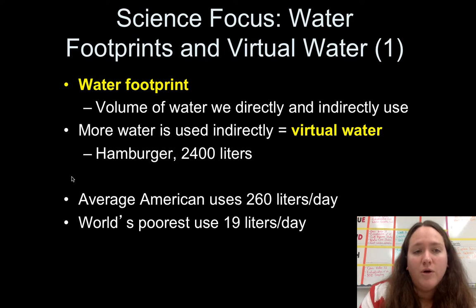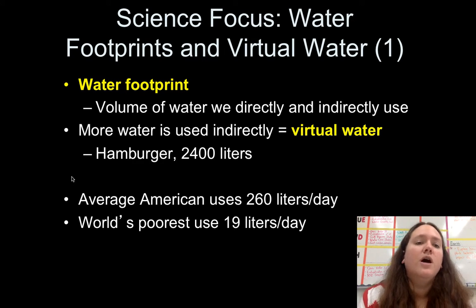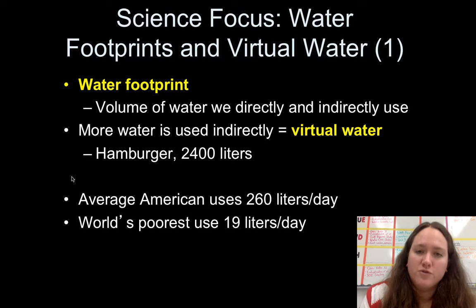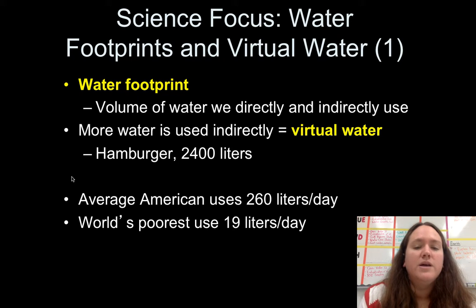So looking at our water use, just like we've had ecological footprints before, a water footprint is the volume of water you directly or indirectly use. And then there's something called virtual water. So virtual water is indirect use. So if you eat a hamburger, it doesn't seem like it takes a lot of water, but it does.